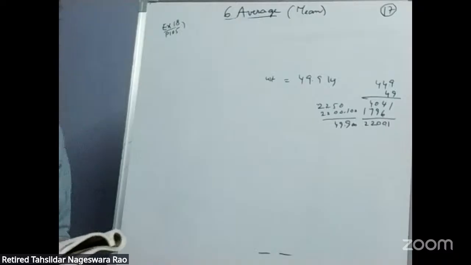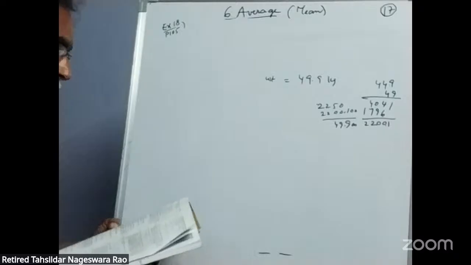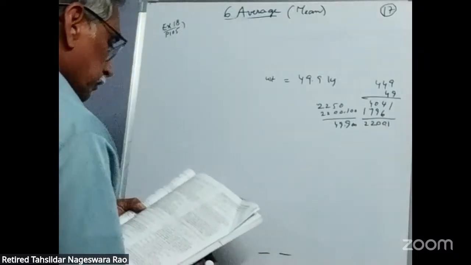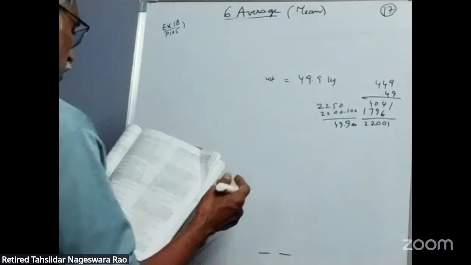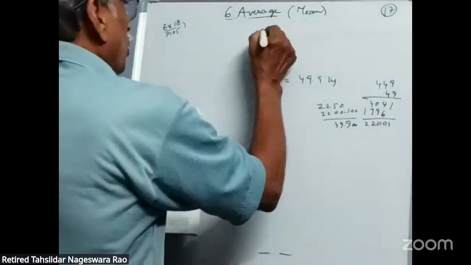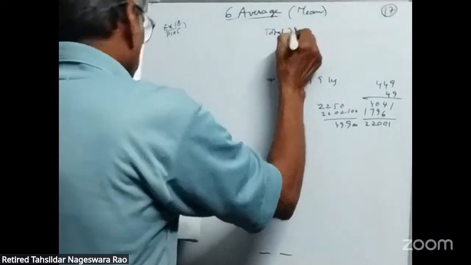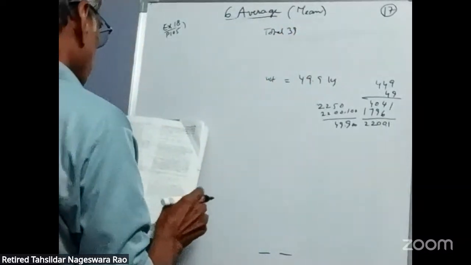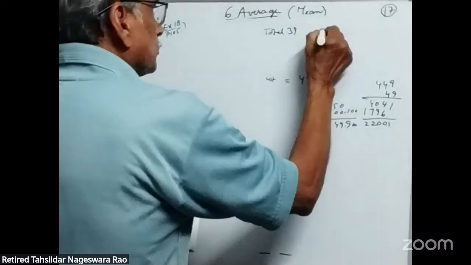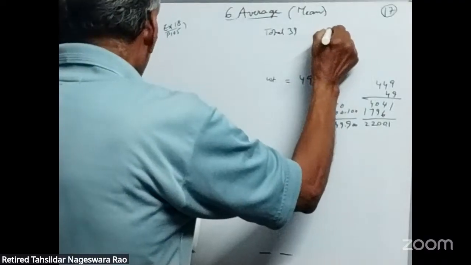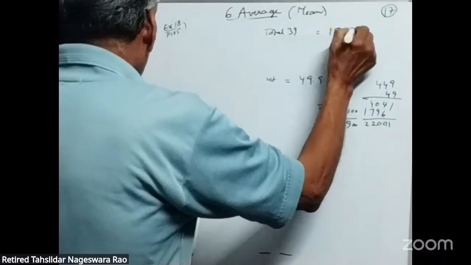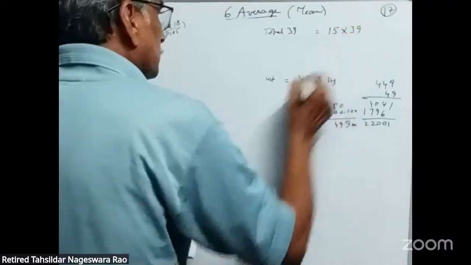Find the age of the teacher. Average of 39 students. Let us find out total of 39 students, which is equal to average into number: 15 years into 39 students.